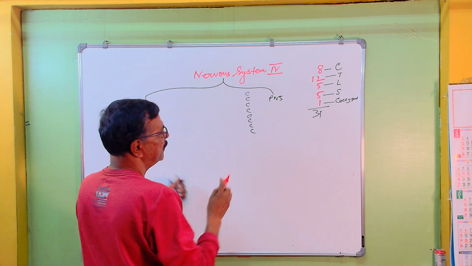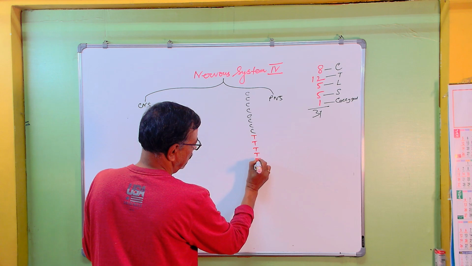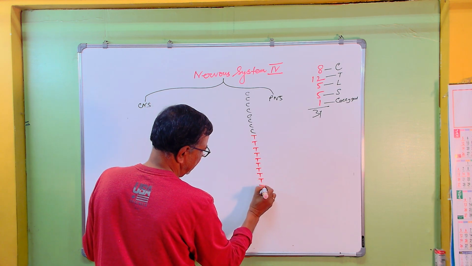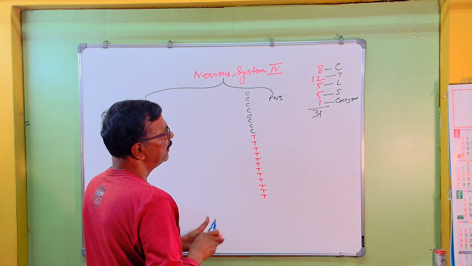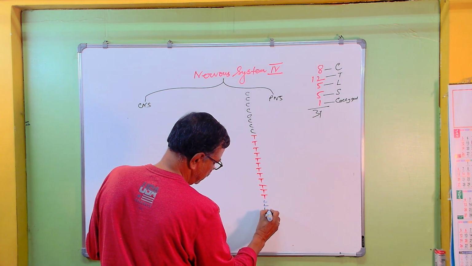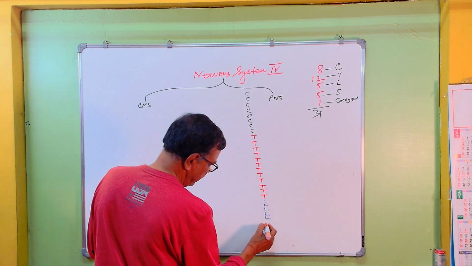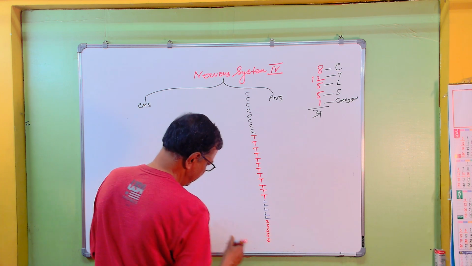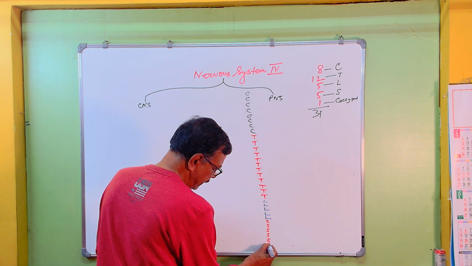Thoracic 12: 1 to 12 pairs. Then lumbar 5: 1, 2, 3, 4, 5. Then sacral 5: 1, 2, 3, 4, 5. Then coccygeal 1. That is 31 in all.